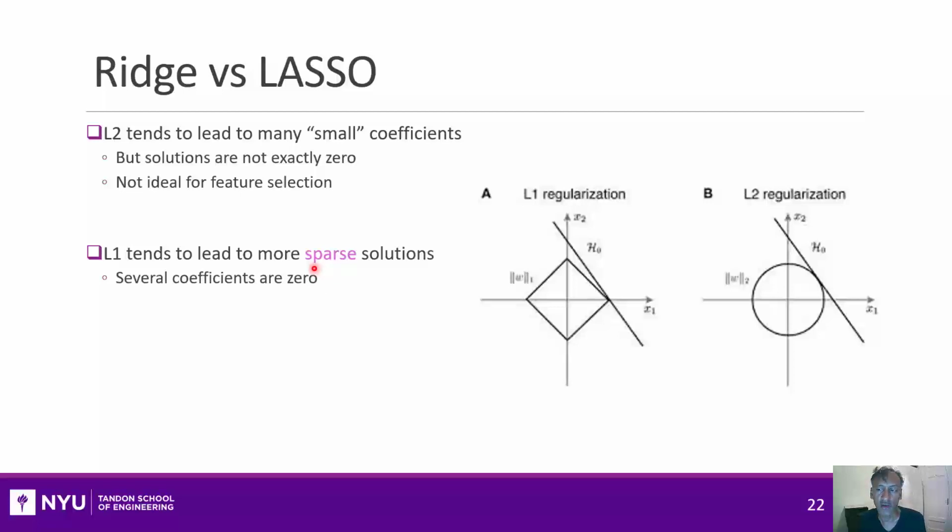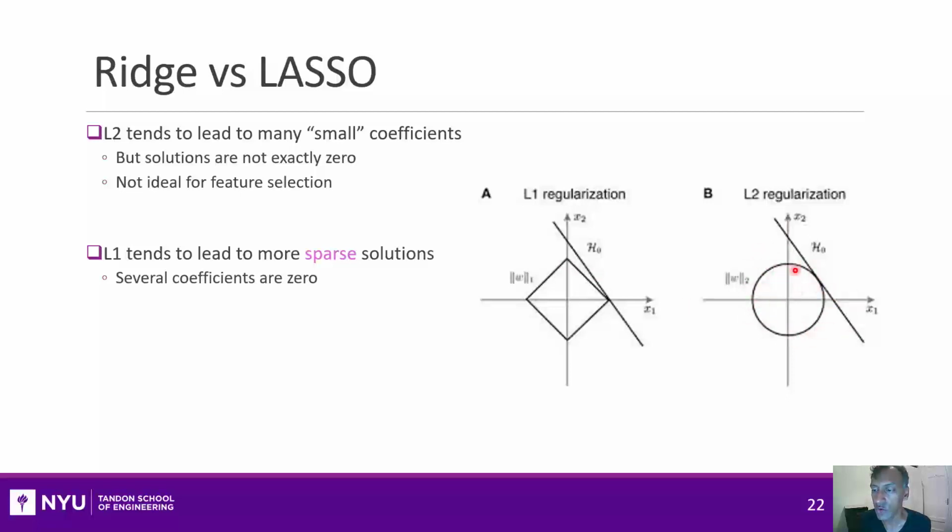And if you want a geometric interpretation for that, here's a couple of pictures that try to illustrate this idea. In both pictures, imagine that you're on a linear constraint. In one case, you're trying to find the minimum L1 norm, and in the other case, you're trying to find the minimum L2 norm to hit that constraint.